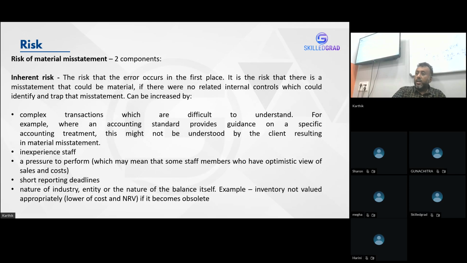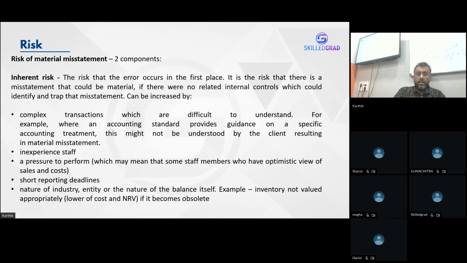So what will they do? At the quarter end, let's say Bhavi is my good friend, so I will sell to Bhavi at the year end and tell her to return the goods after 1 month. I'll pay her back, but at year end I'll show artificial sales, because those people are under pressure to perform. They want to show high sales. They'll do all these kinds of manipulative transactions.